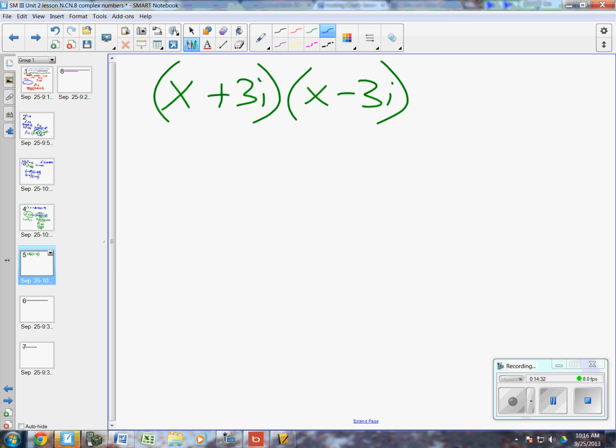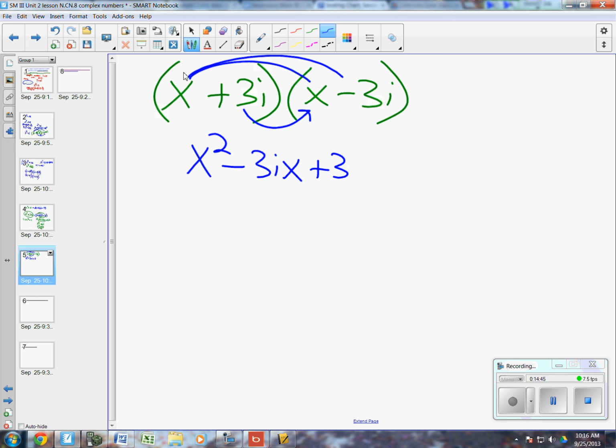Just to check, x times x is x squared. x times negative 3i is negative 3ix. 3i times x is a positive 3ix. 3i times a negative 3i is a negative 9i squared. Why is it i squared? i times i. Why is it minus right here? Positive times a negative is a negative.